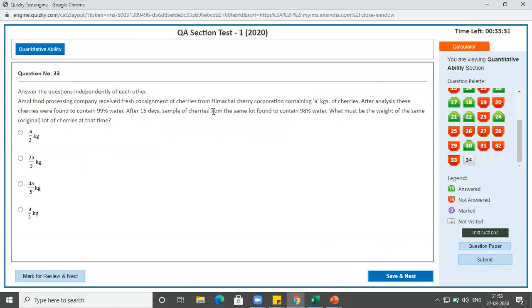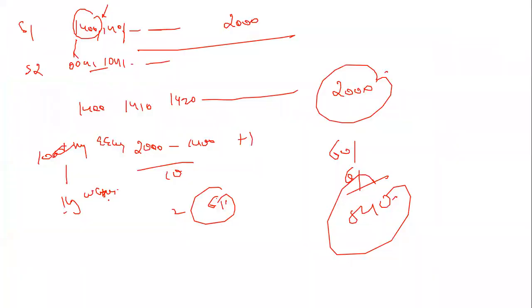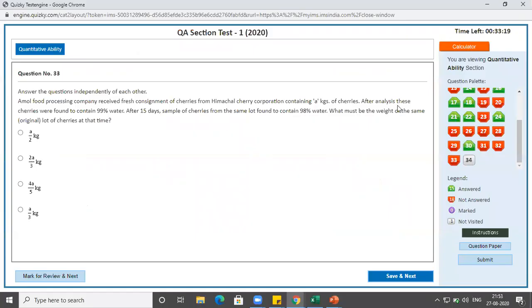Okay. After 15 days, samples from the same lot were found to contain 98% water. So instead of 99, now I have 98 water and 2 kg of cherry. Okay. What was the weight of the lot of cherries at that time? Now I have 98%, so it has increased from 1 to 2. So that means the weight has decreased by half.